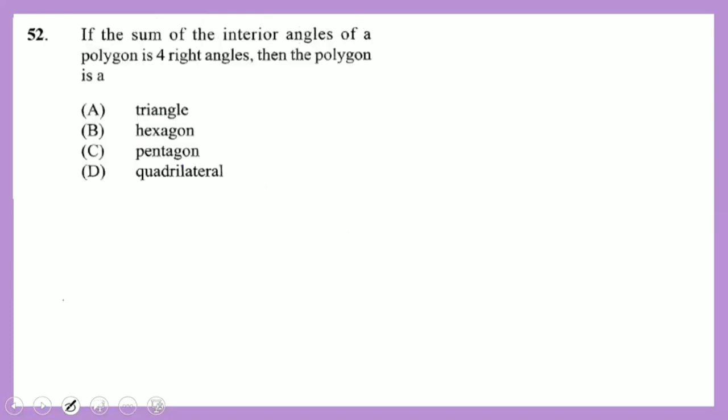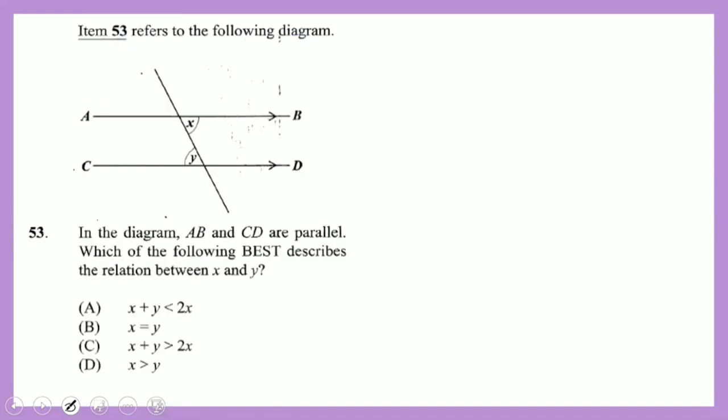Number 52, if the sum of the interior angles of a polygon is 4 right angles, then the polygon is, this is easy, a quadrilateral. And you know, one square, one rectangle, those are perfect examples. All right. Number 53. In this diagram, A, B, and C are parallel lines.